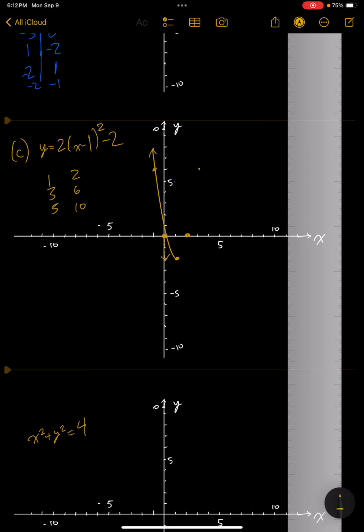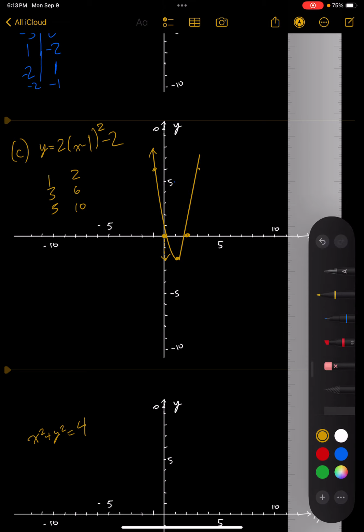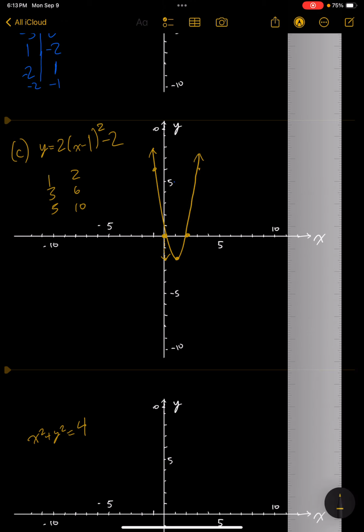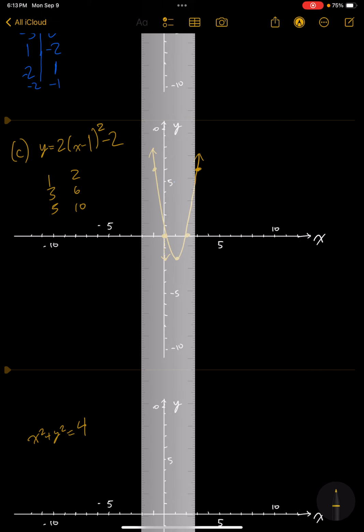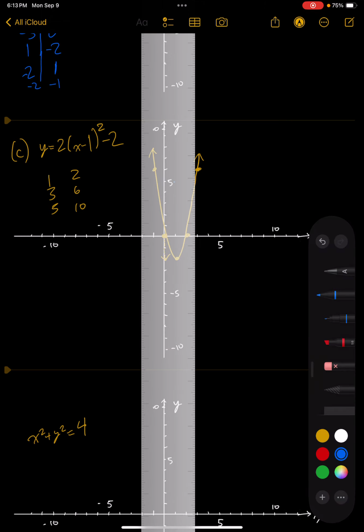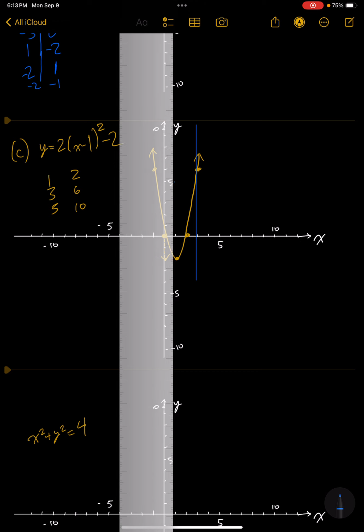Now this here, oops, that's not a curve at all. Closer than what the AI generated. Okay, so this is a parabola. For any given x value, there's only one y value.